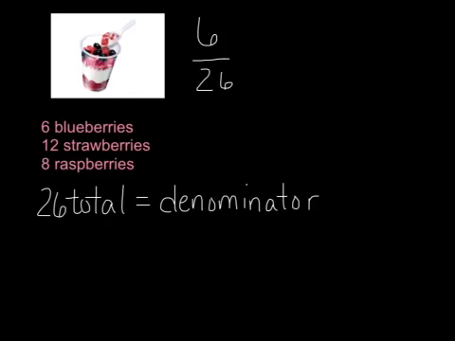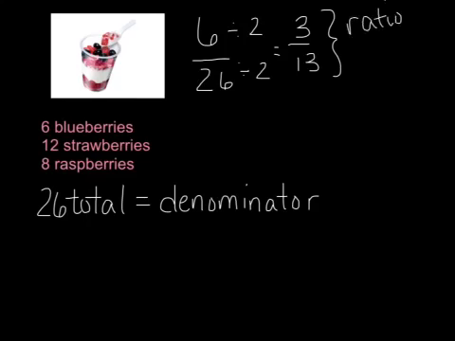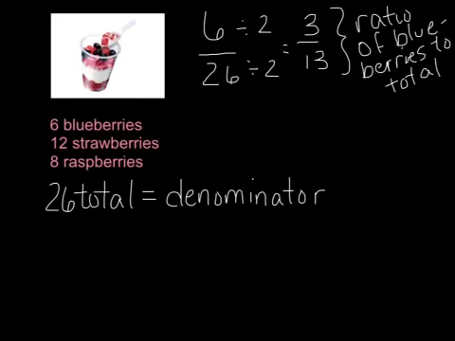Now we would need to simplify that, so I think the GCF of 6 and 26 is 2, so we're going to divide both the numerator and denominator by 2, and that gives us 3/13 is the ratio of blueberries to the total number of pieces of fruit in the fruit and yogurt parfait. We can also do this with the individual kinds of fruit for the other types of fruit, such as strawberries and raspberries.